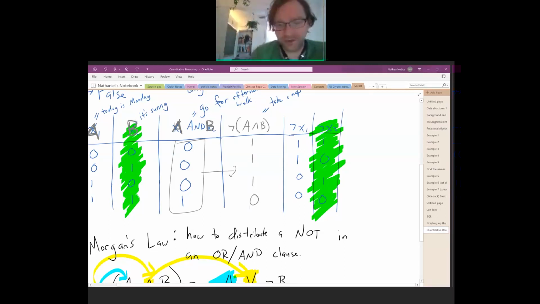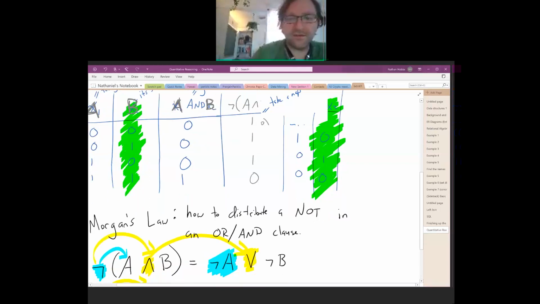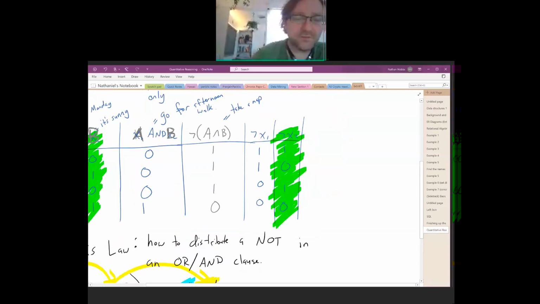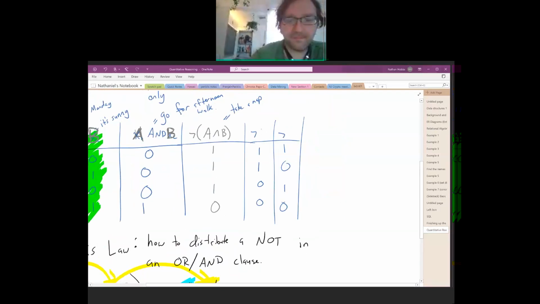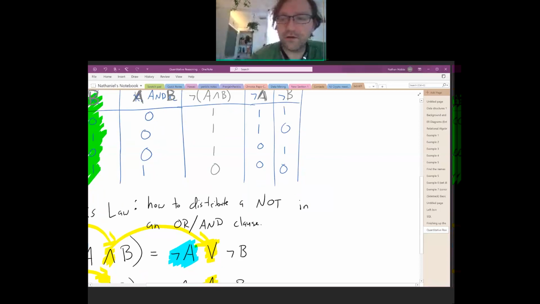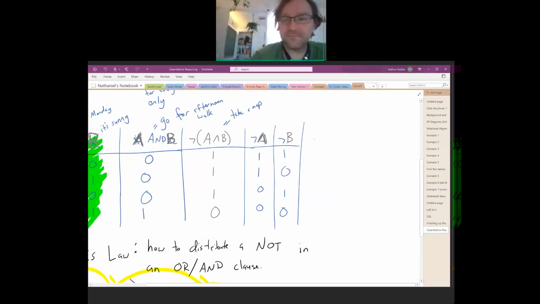So now that's not the quantity A and B. And then here we can say not A, here's not B. And then if you do not A or not B, we'll just go through it.